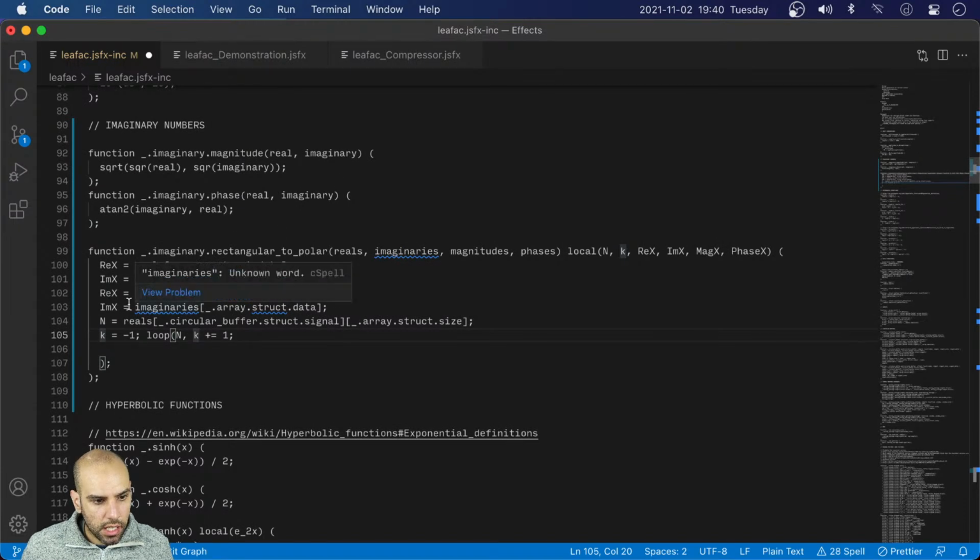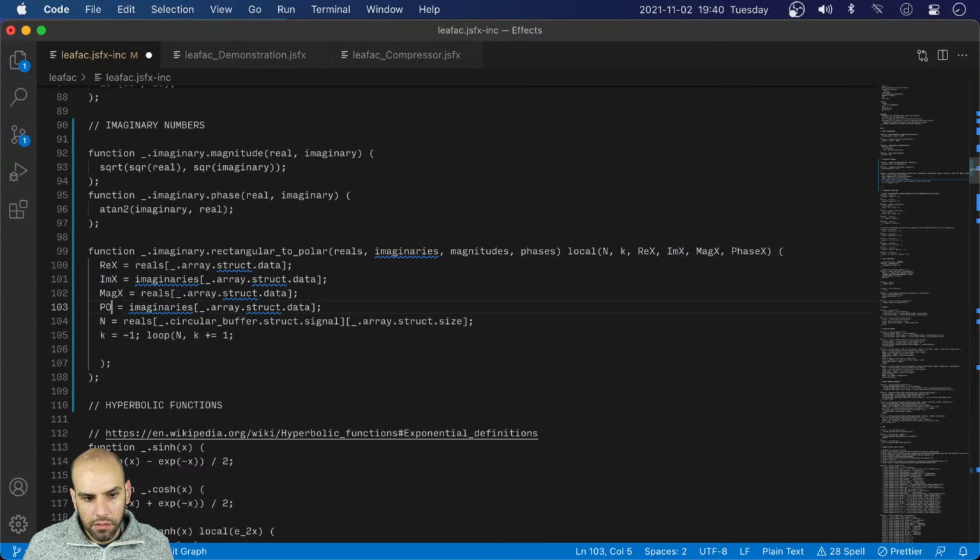So let's see. My mag x and my phase x, magnitudes and phases. So then my mag x at k is equal to this.